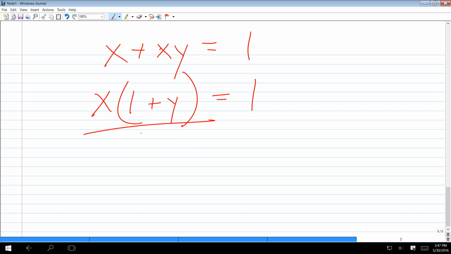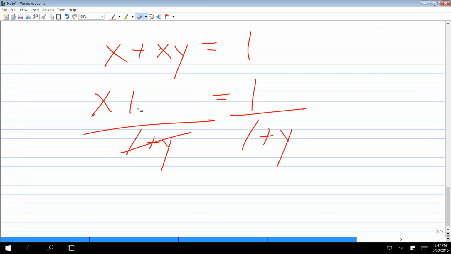So if I divide by that multiplier, that's going to eliminate those, and I'm going to end up with x. Well, I obviously have to divide that side by it also. So x equals 1 over 1 plus y.